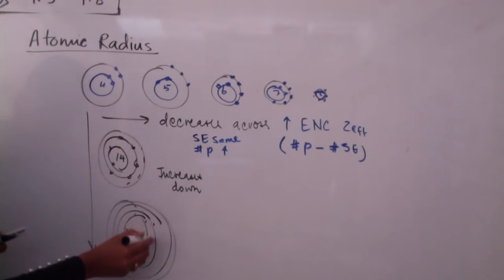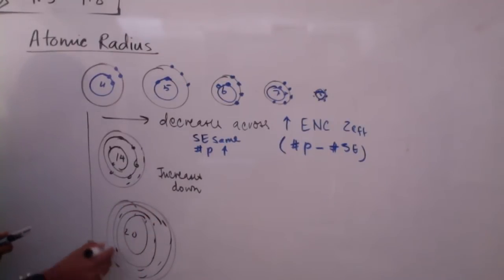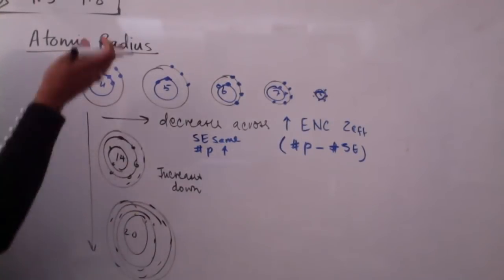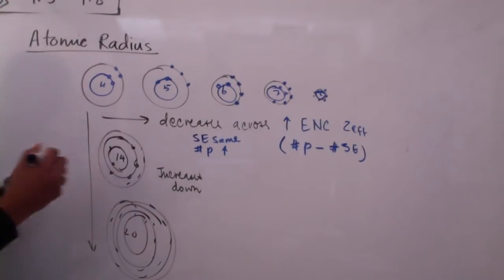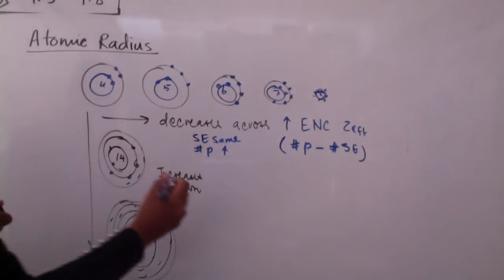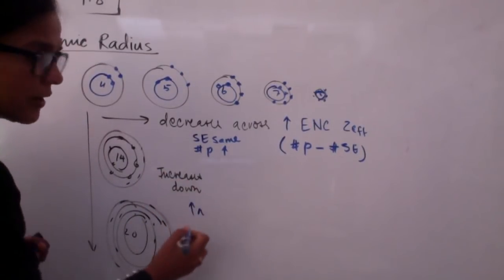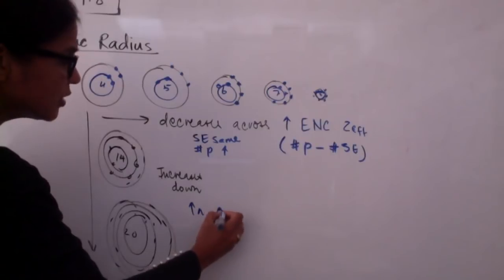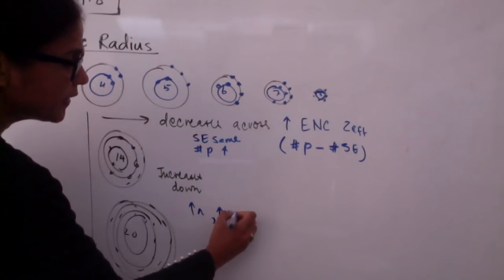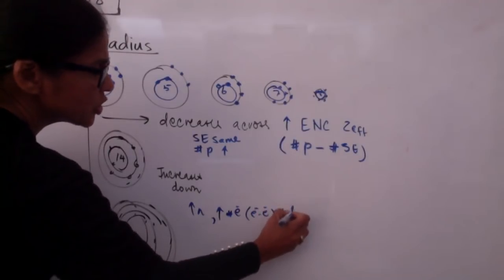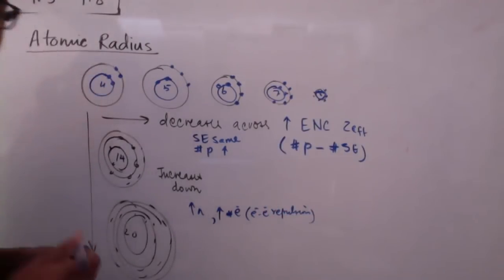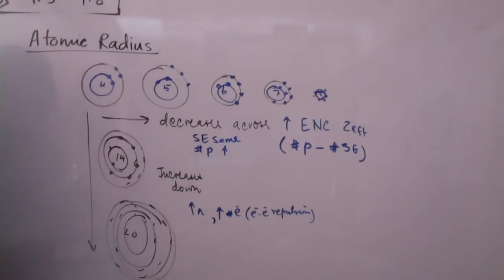As you're adding electrons, the electron-electron repulsion and increase of energy level cause an increase in atomic radius going down the group. So going down, the reasons are the increase in energy level and the increase in number of electrons, so more electron-electron repulsion. So that was atomic radius.